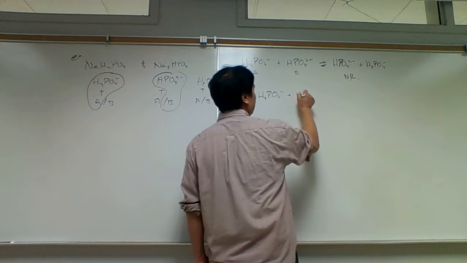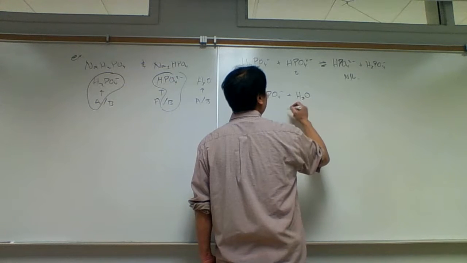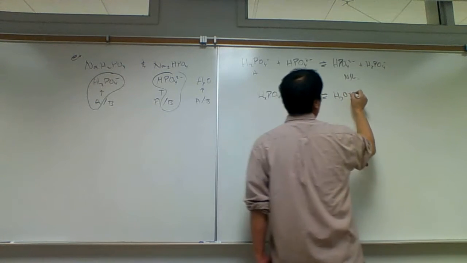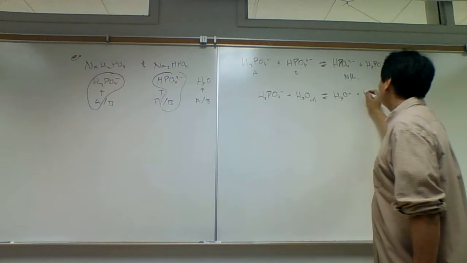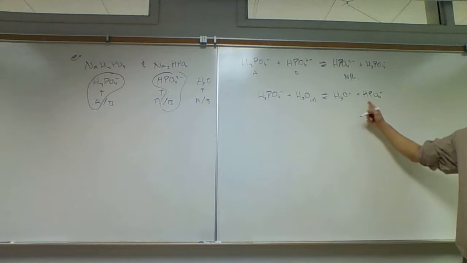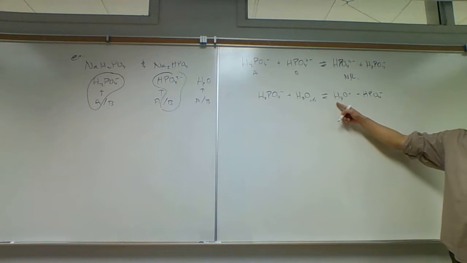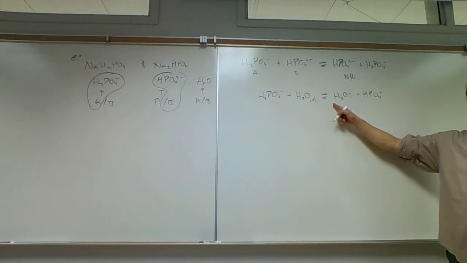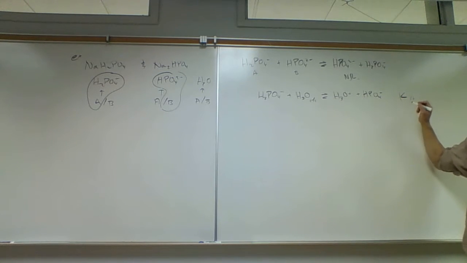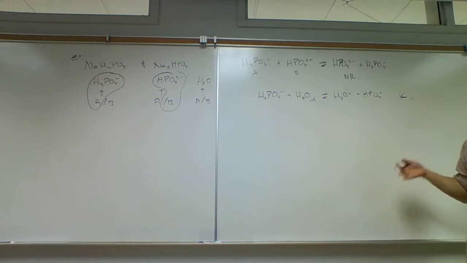And so in this case, we're going to have H2PO4 minus plus H2O liquid. This is going to give us hydronium and monohydrogen phosphate. But we recognize this one. This one is Ka, right? Acid plus water.